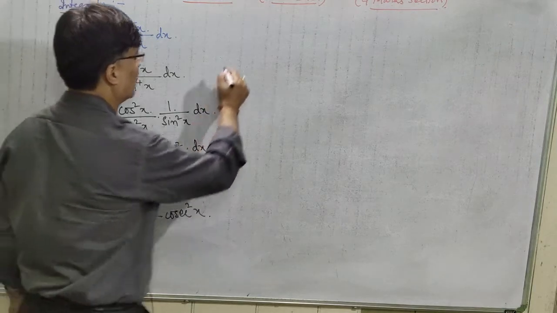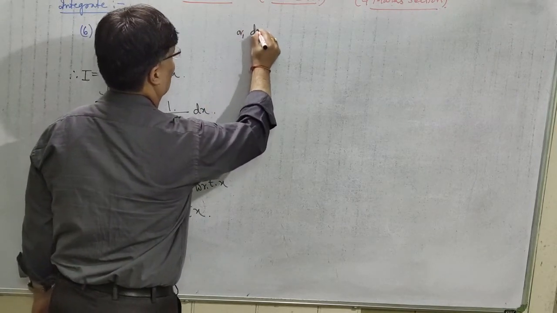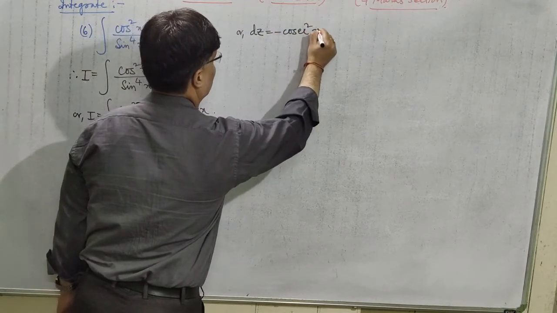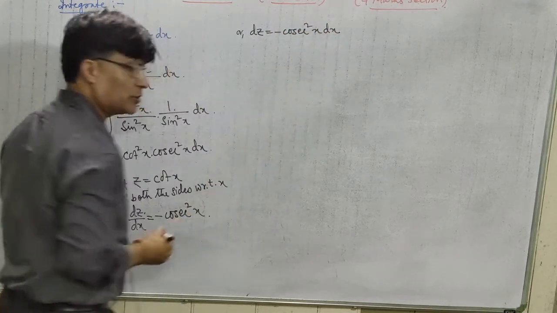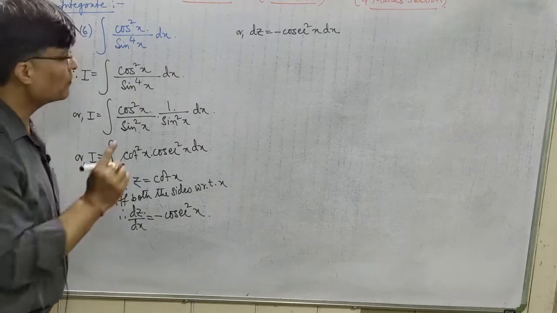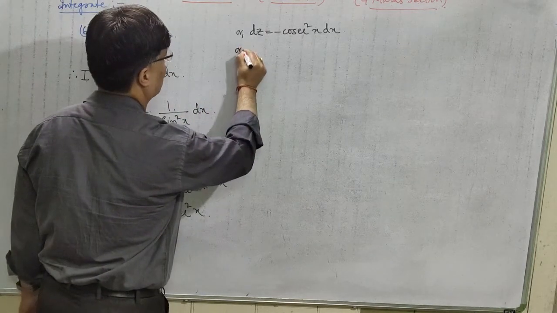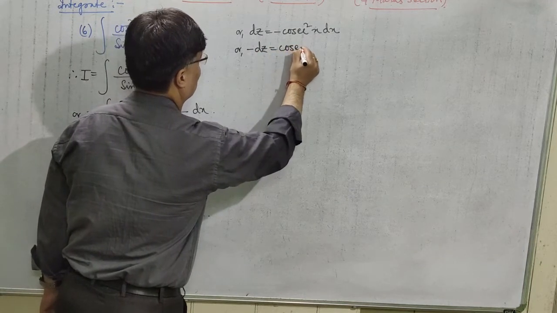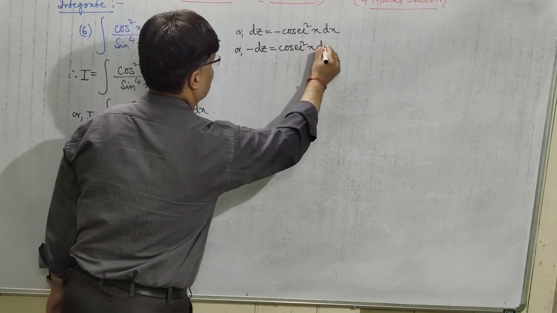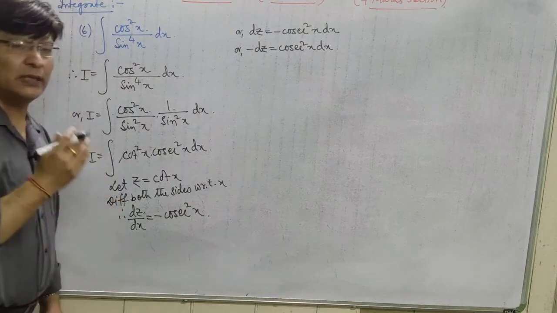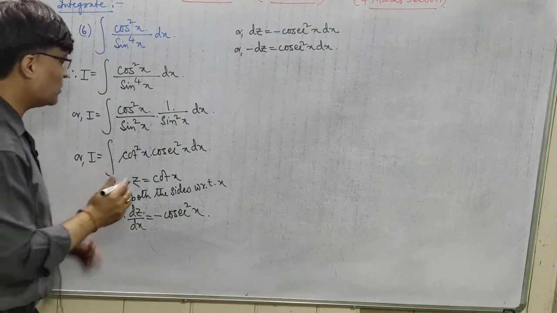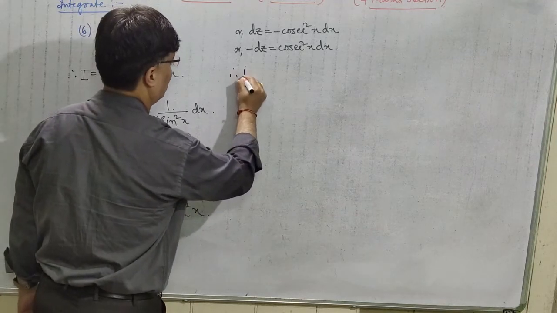So let us get the value for dz, or dz is equal to minus cosec square x dx. Is that clear? So minus sign is taken to the left hand side, or minus dz is equal to cosec square x dx. That is cosec square x dx is equal to minus dz.